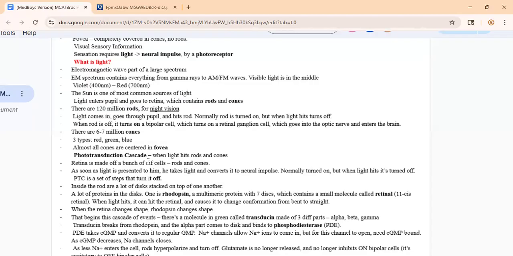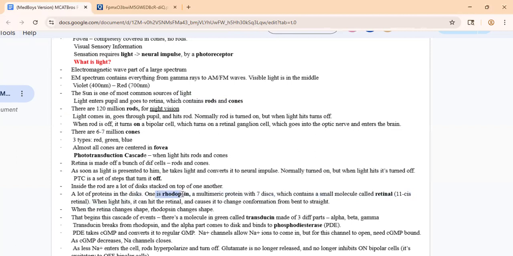And just like anything that goes into your body, it has a cascade, a reaction of receptors and proteins that make it happen.